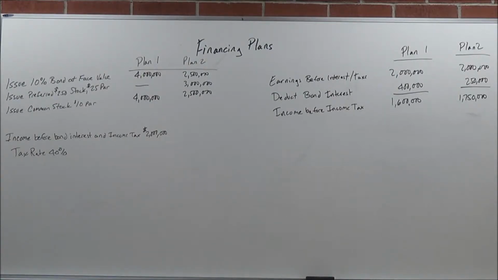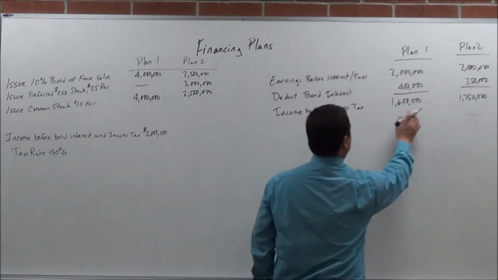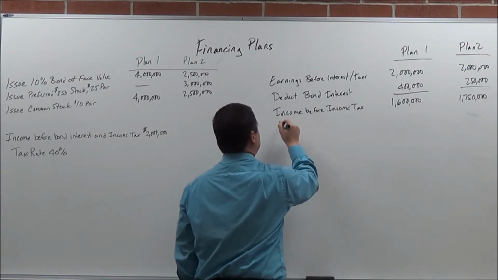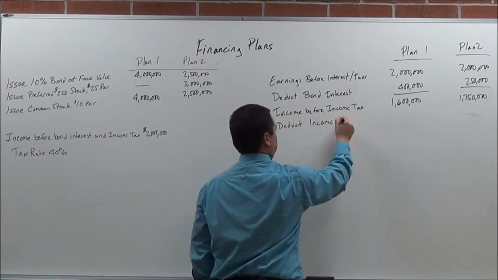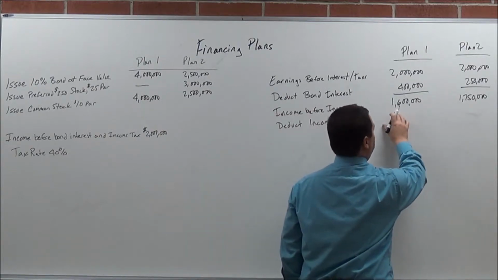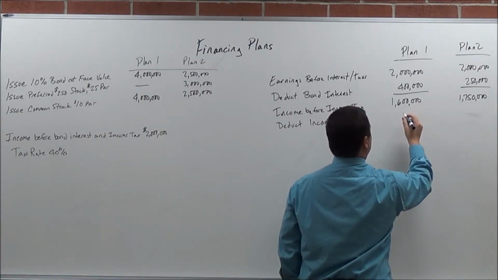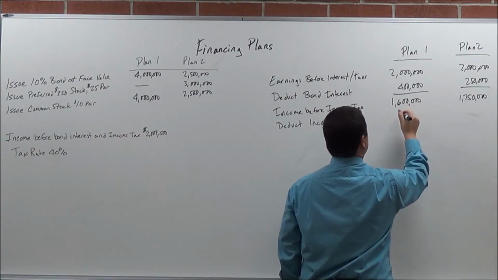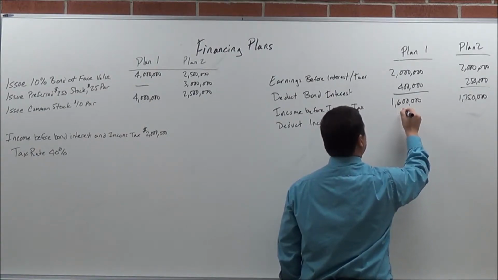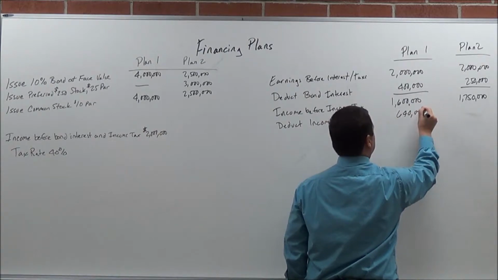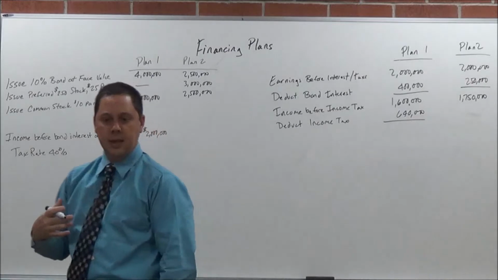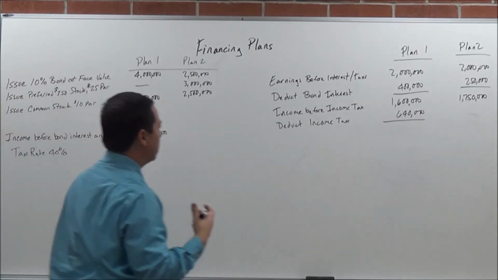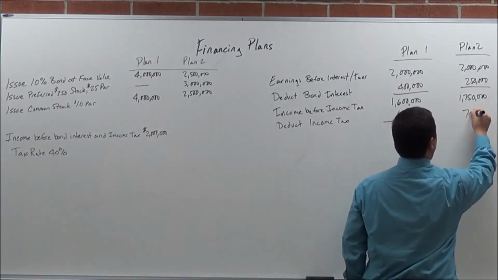So we take 1.6 million times 40%, which should give us about 640,000. And in here, we'll multiply 1.75 million by 40%, and that should come out to be 700,000.